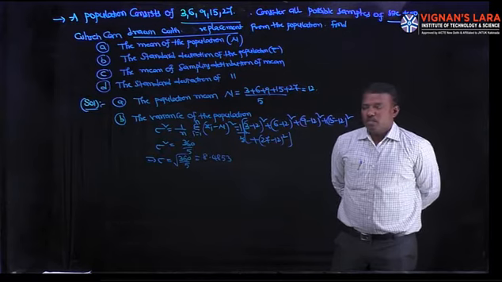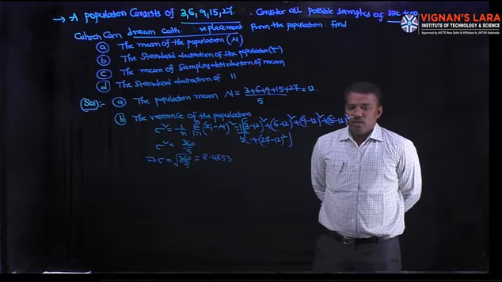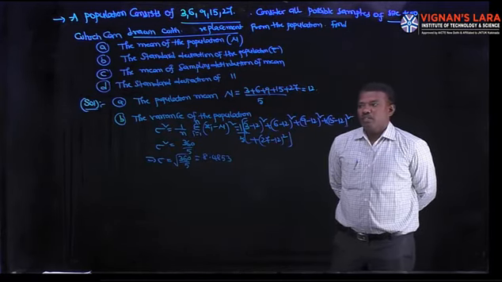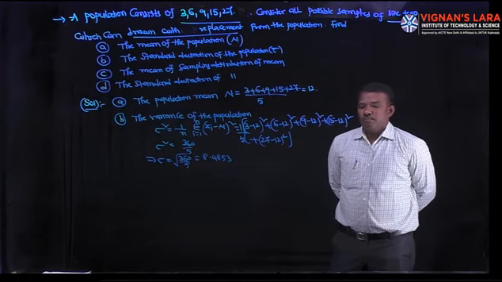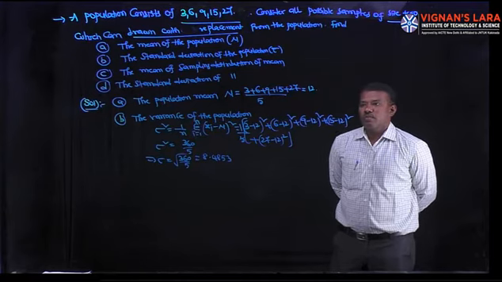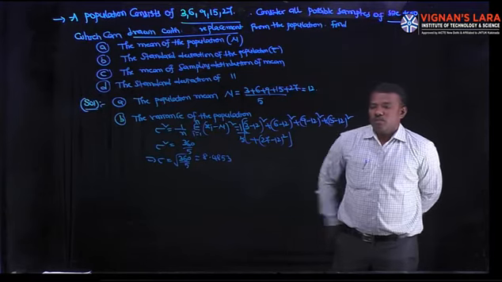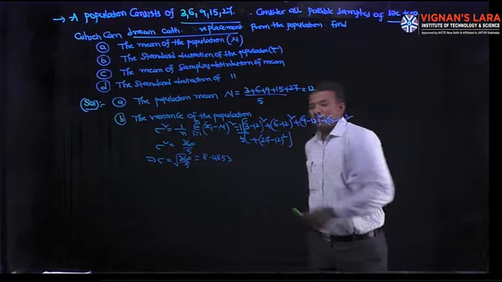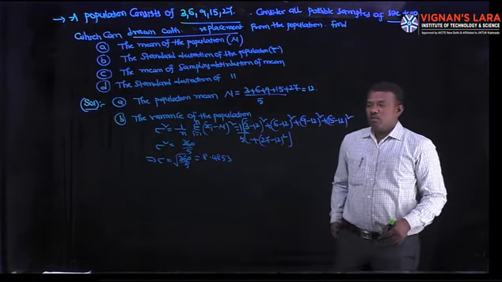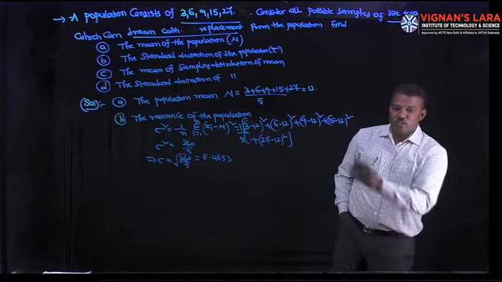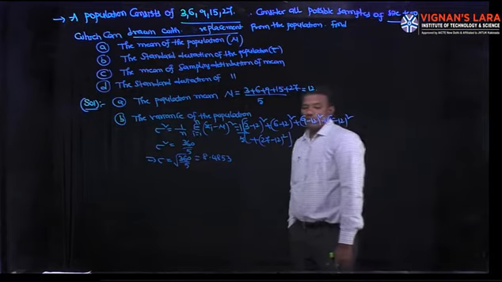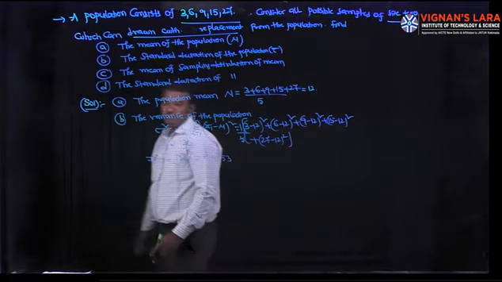Variance of the population is a direct formula, 1 by n, sigma i equal 1 to n, xi minus mu whole square: 3 minus 12 whole square plus 6 minus 12 whole square plus 9 minus 12 whole square plus 15 minus 12 whole square plus 27 minus 12 whole square, by its number, that is equal to 360 by 5. Standard deviation is root of 360 by 5, that is equal to 8.4853.